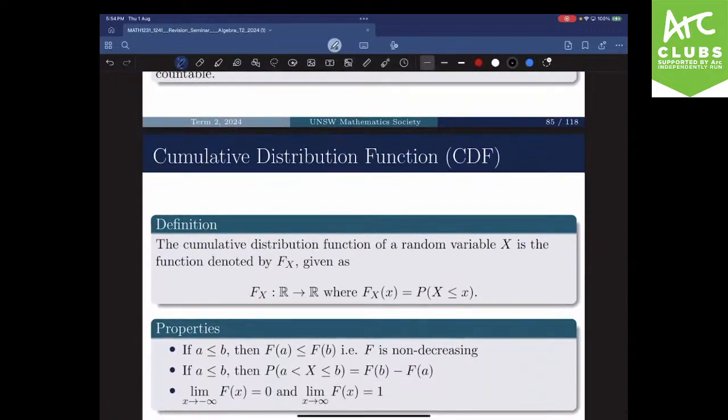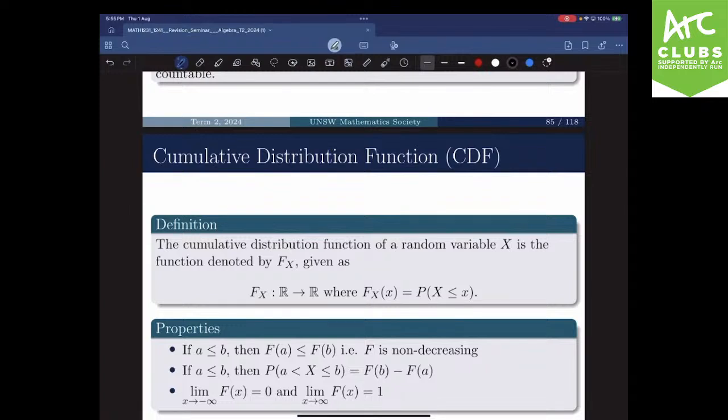Next, we have the cumulative distribution function, the CDF. What is a CDF? The CDF of a random variable X is a function denoted by capital F_X, such that R maps to R, where F_X(x) is equal to P of X less than or equal to x. This is very confusing. How can we understand this a bit more intuitively?